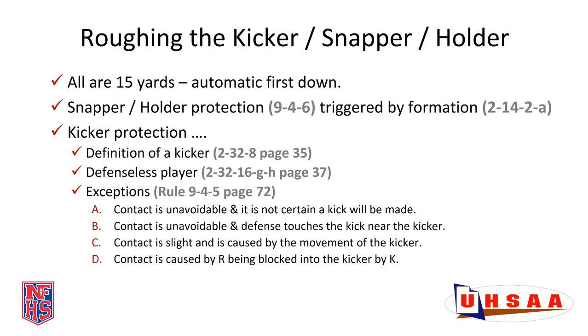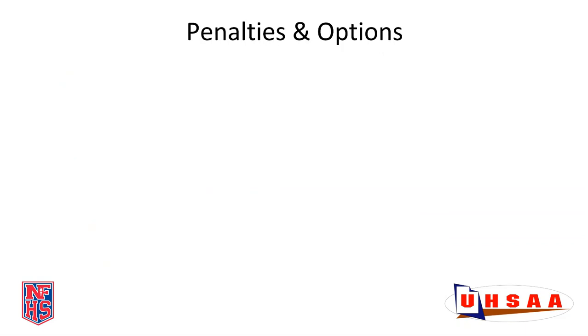Finally, if the contact is caused by R being blocked into the kicker by Team K, then we can have an exception here. But in all of these cases, remember, use common sense in applying this rule. Each situation will be different, and the safety of the players is of utmost importance. So please use common sense.